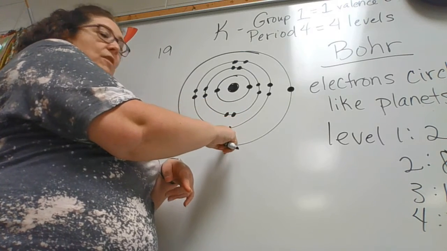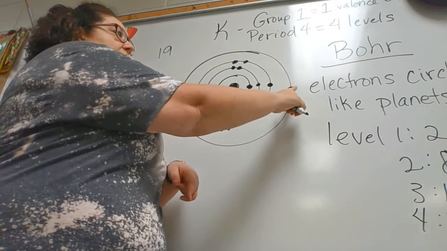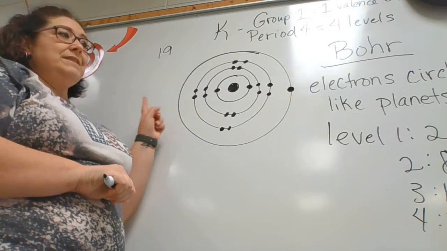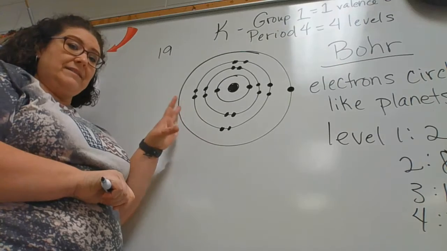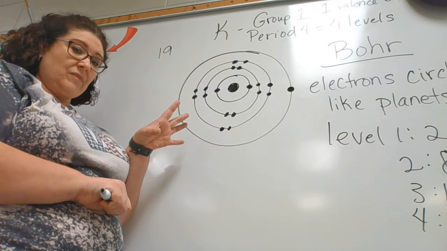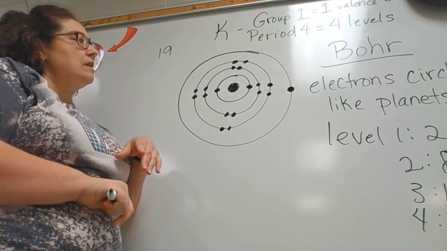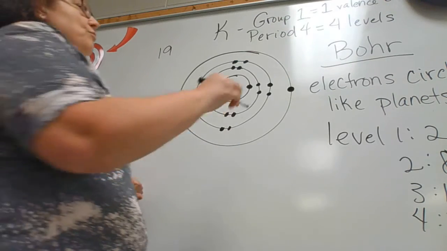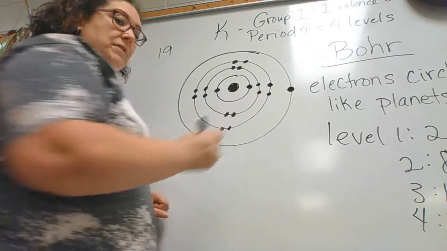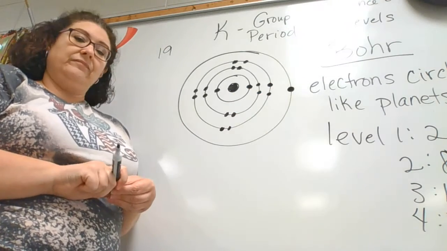We add 8 more, that's 18, and then we have 1 out here in the outer layer, and that's 19. So this is 19 total electrons. This is for potassium, okay? If you were to add 1 more electron out here, it would be calcium, not potassium.